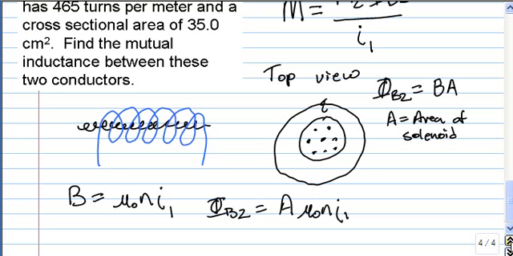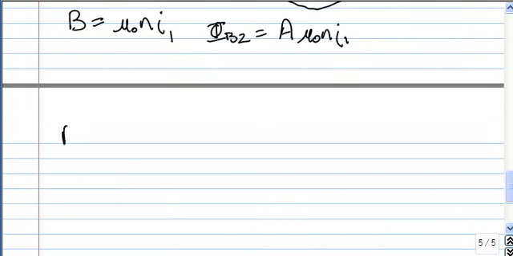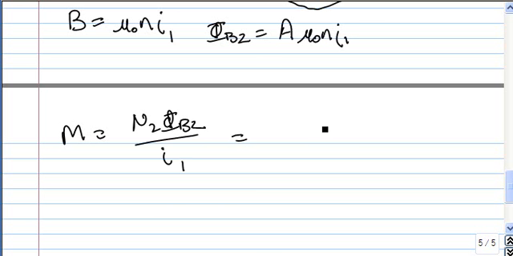Now, to calculate the mutual inductance, I just have to use this expression for the flux. Remember, it's N2 times phi-B2 over I1, which gives me N2 times the area of the solenoid times mu naught times n. I can put the numbers in here. N2 is 5.